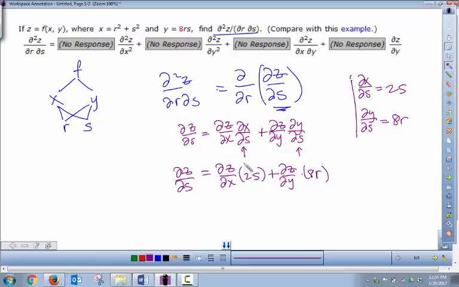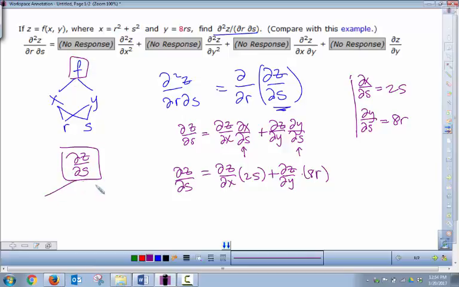Now it gets a little bit more complicated because now we have what seems like a function of x and y and r and s. So it looks like the partial of z with respect to s is a new function that would sit on top of our chain.